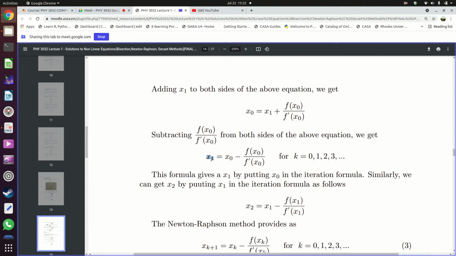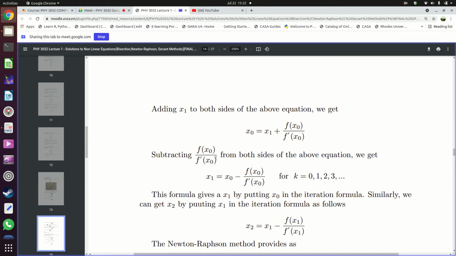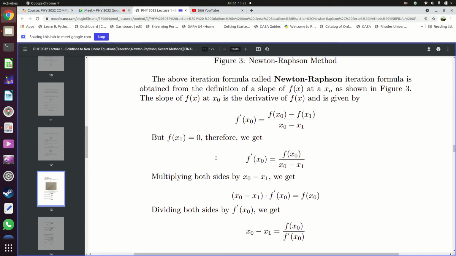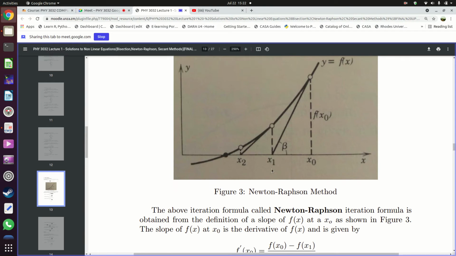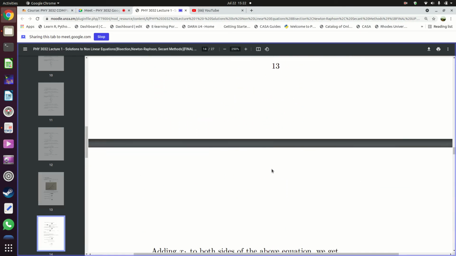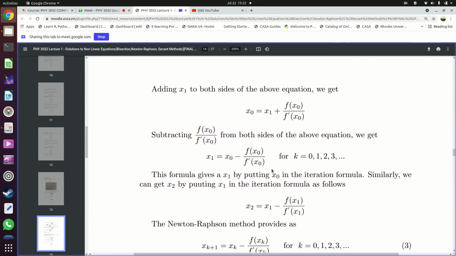Then after you get your x1, like in this case, if you look at the diagram which you have here, yes, x1 is closer to where the root is than x naught. So your new root becomes x1. Then you use this x1, you put it back in this expression.